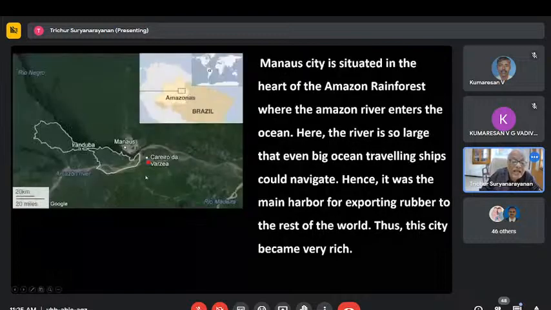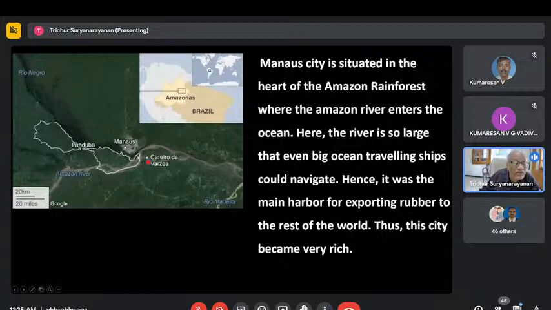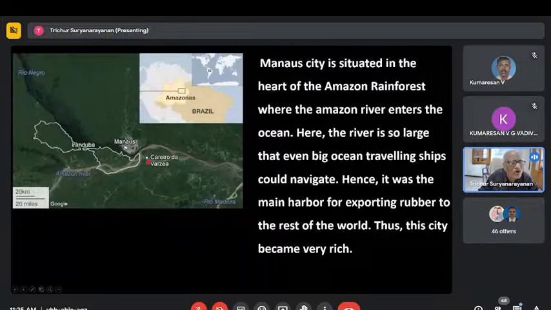And in Brazil, where the Amazon River flows, there is a small city called Manaus. Right in the middle of the dense forest, there is a place called Manaus. And Manaus city is situated in the heart of the Amazon rainforest of Brazil, where the Amazon River, so this is the Amazon River.